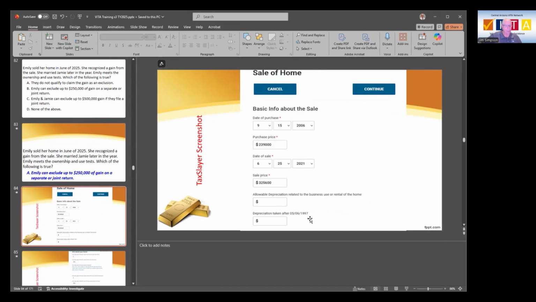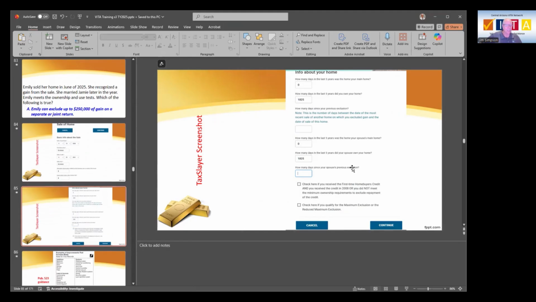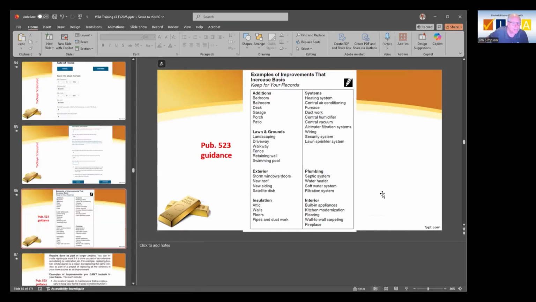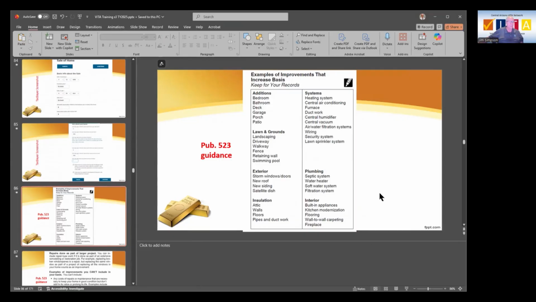Here are the screens where you would put that in. You'd put in the date of purchase, purchase price, and sales price. On the subsequent screens, it's going to ask you how many days you've lived in it. There's also a part of this form that's going to ask you about improvements that increase your basis.